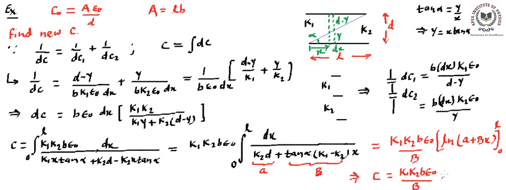And then with putting the limits, we are going to get ln of (A plus BL) divided by small a. So we can accept it as our answer, where B is indicating this number tan alpha, which is k1 minus k2 in a bracket.